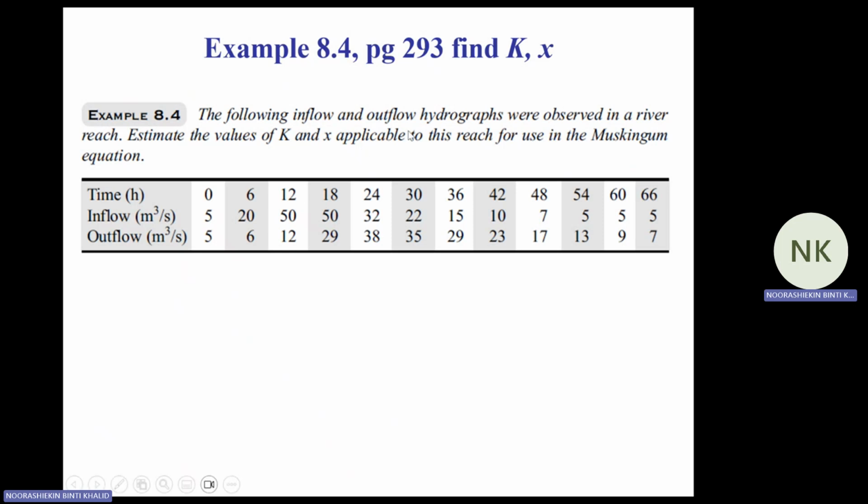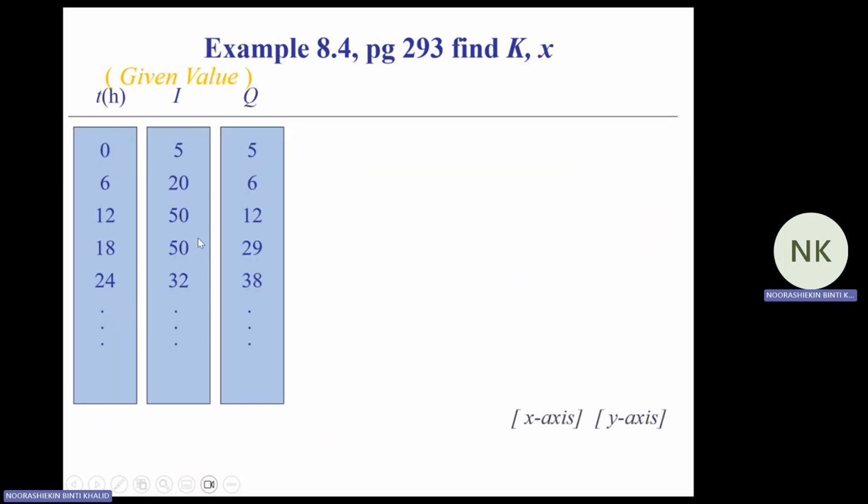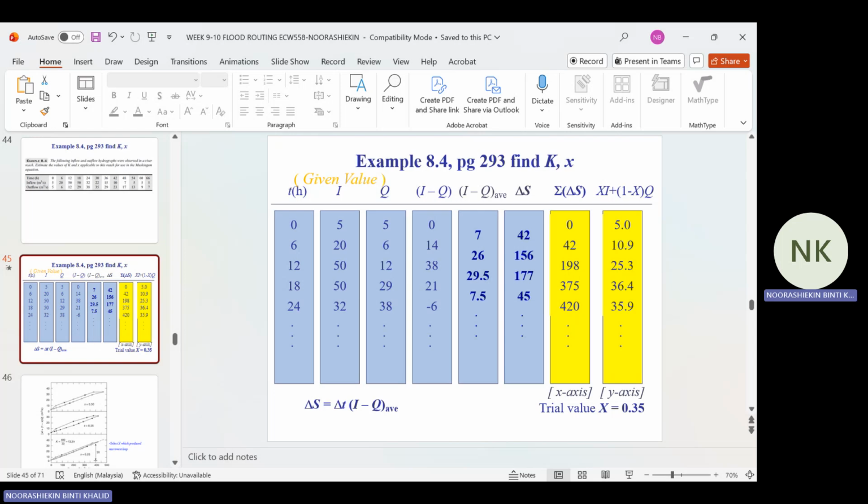The following inflow and outflow hydrographs were observed in a river reach. Estimate the values of K and X applicable to this reach for use in the Muskingum equation. So you are given time 0 to 66, inflow and outflow. So I'm going to do it in Excel.